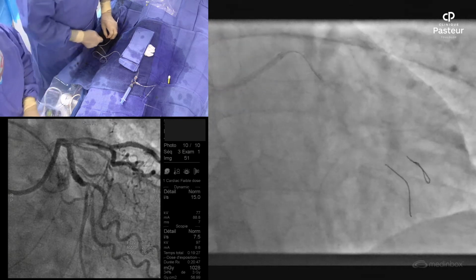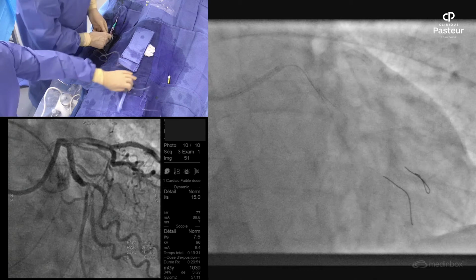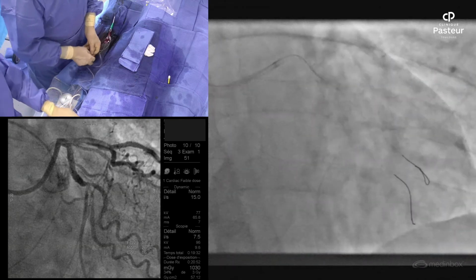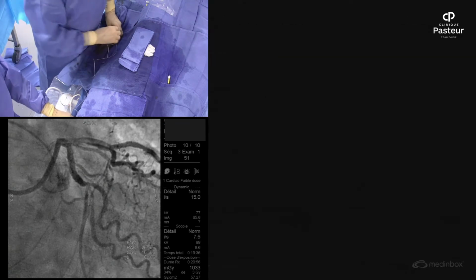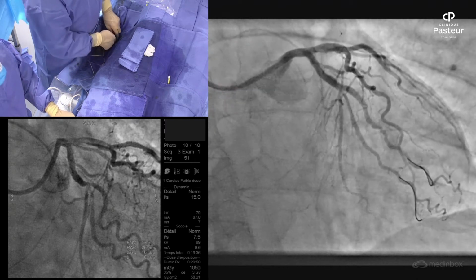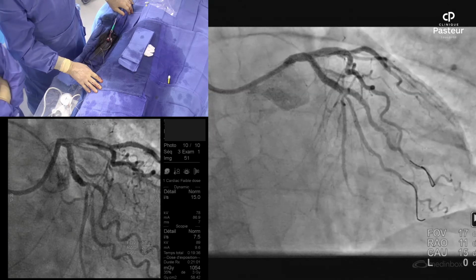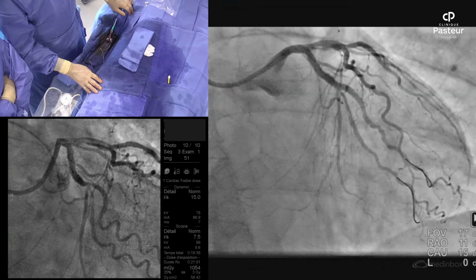So maybe we can evaluate now. Now we can evaluate the result after the balloon inflation. We can have a better result, maybe with a 2.25 millimeter, it should be okay.